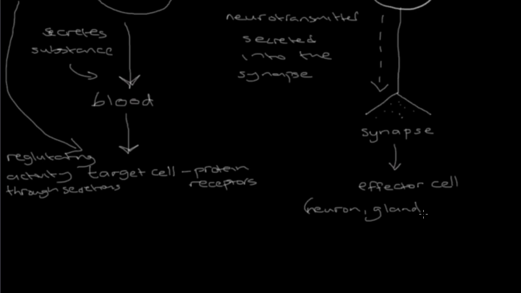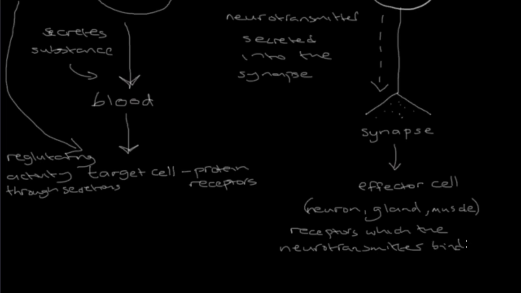It could be a muscle cell, for example. And the effector cell has receptors which the neurotransmitter will bind onto.